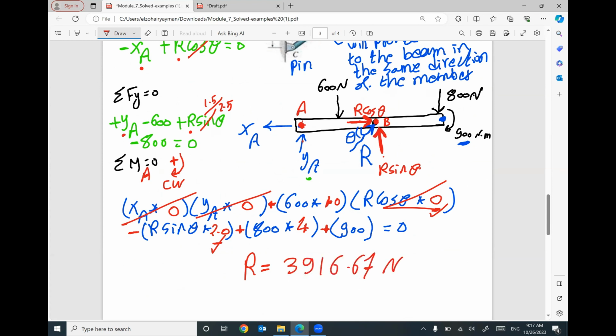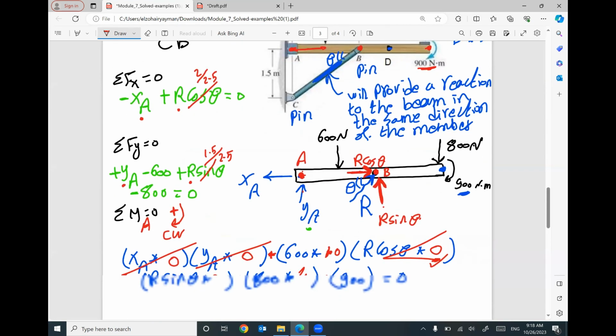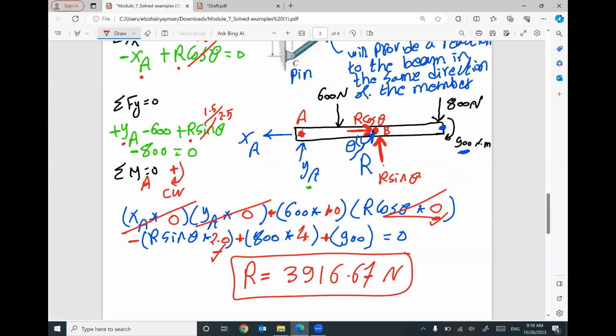Let me check this value one more time. So I have 600 times 1 plus 800 times 4 plus 900, divided by 2 divided by sine, this angle, 1.5 divided by 2.5. Yes, my number is correct.